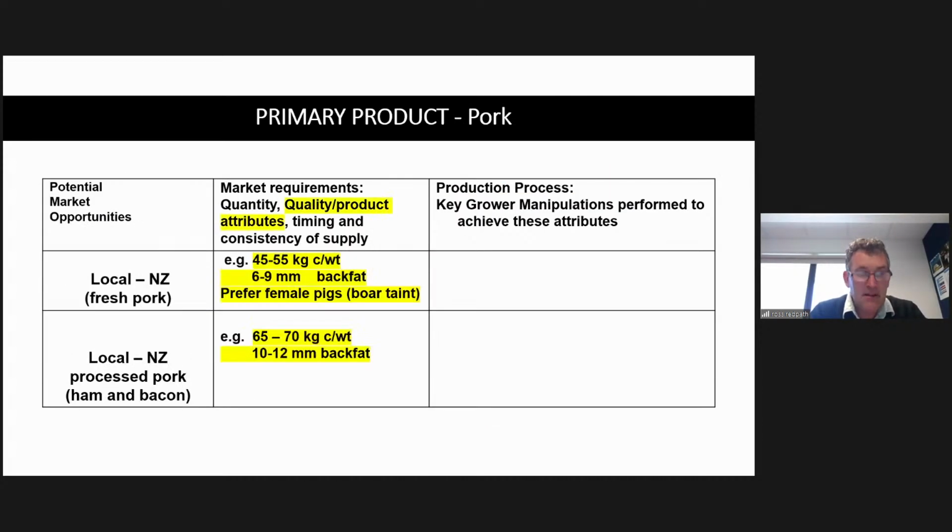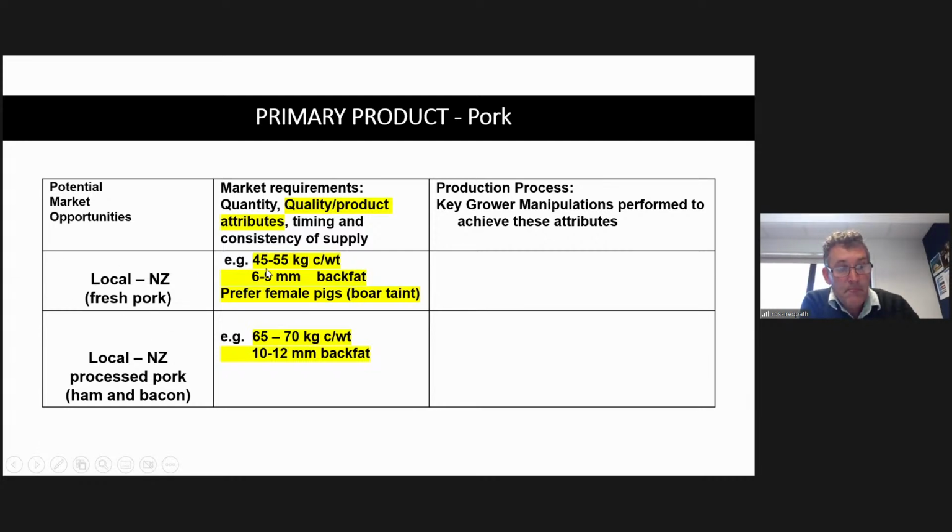And because, as I was saying, sometimes my students use pork, and the sort of measurable attributes which can be referred to, which the market requires, differences between slightly different market opportunities.